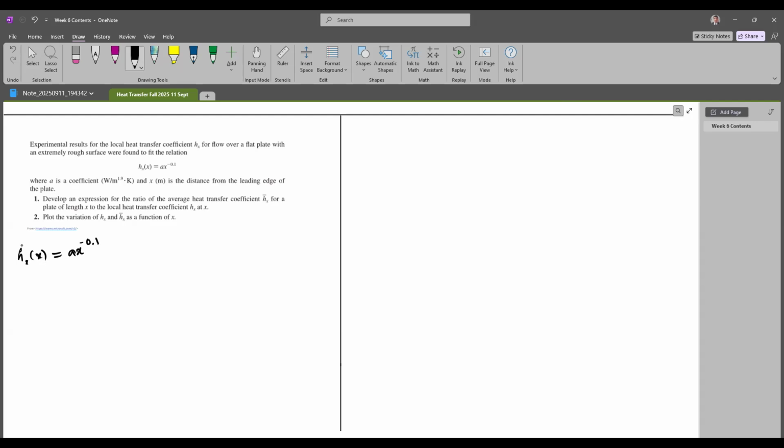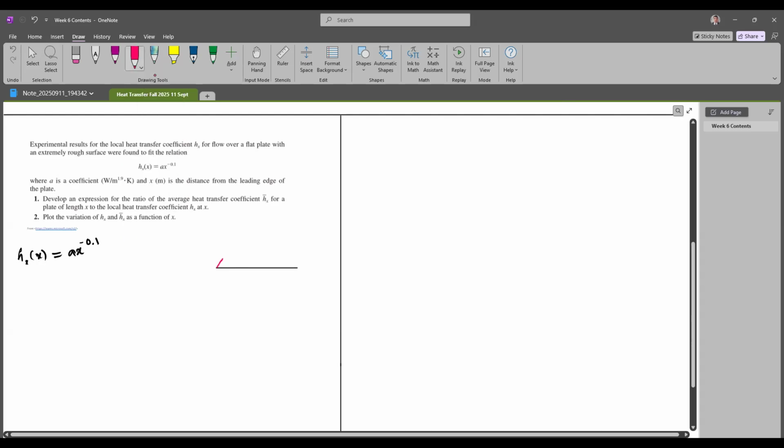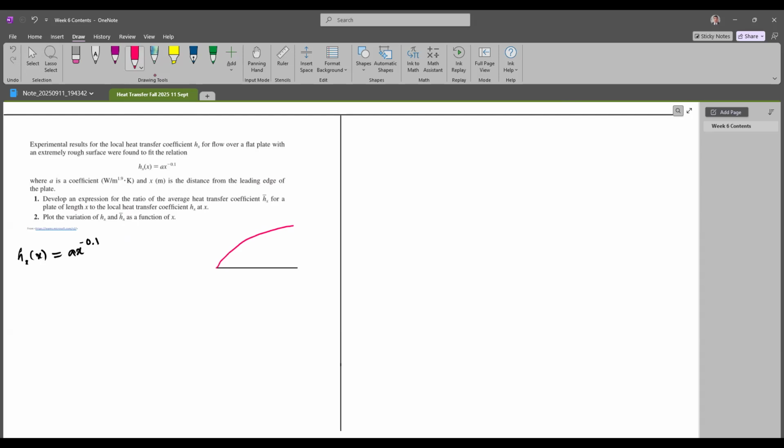So very similar problem. This is the flat plate, and this is how the layers are there: thermal boundary layer and velocity boundary layer, and x is defined from here. So this is positive x.